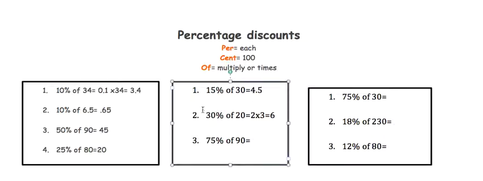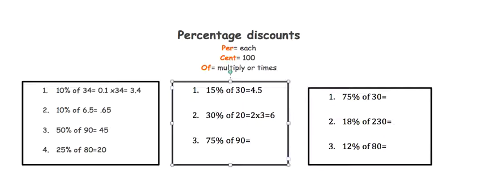Okay, 75% of 90. So in this one you can do a couple of different ways. You can find out what 10% of 90 is, which is 9, and then multiply it by 7, and then halve the 9 to add on to your answer there.